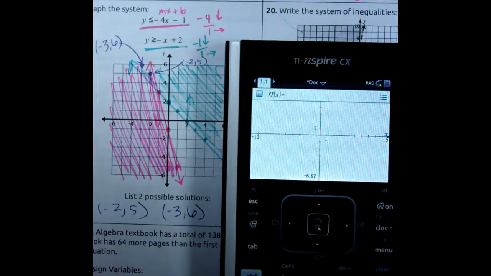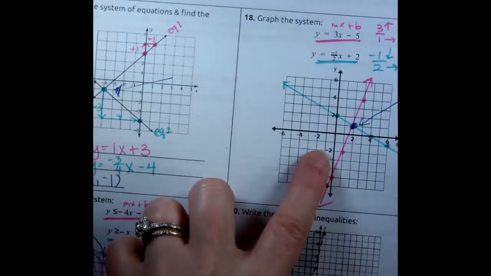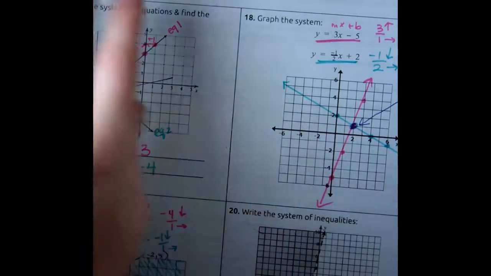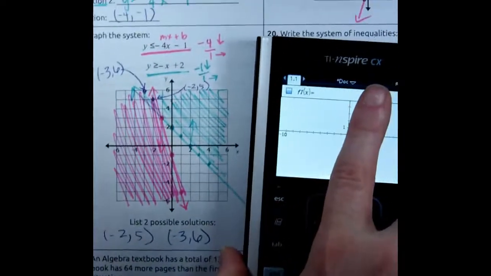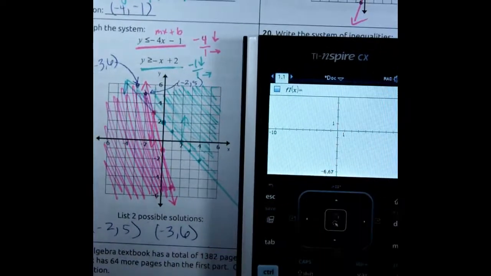And actually, I could have also done it for this problem as well. I could have graphed them to look at them and then help me to write it on my paper. But for shading and for this might be helpful. So we're going to delete the equal sign on this one.